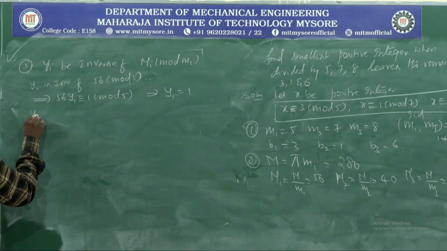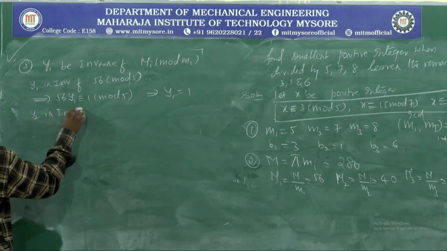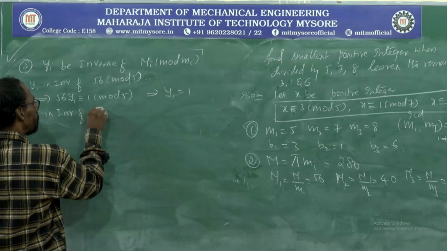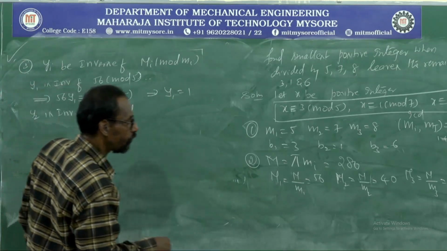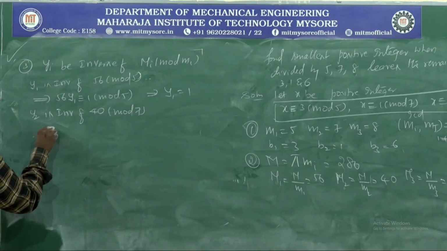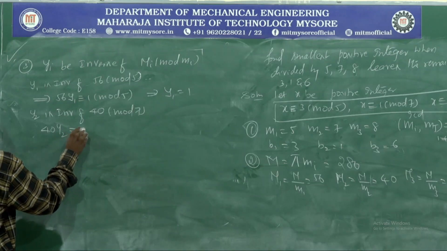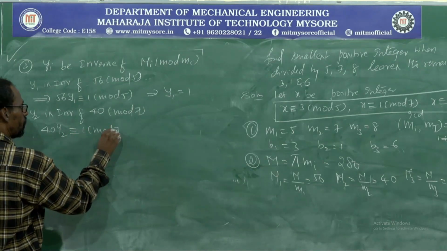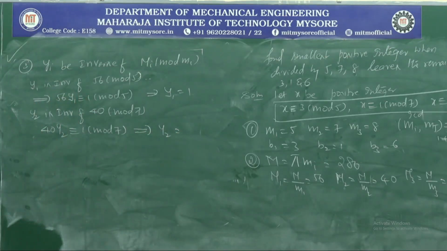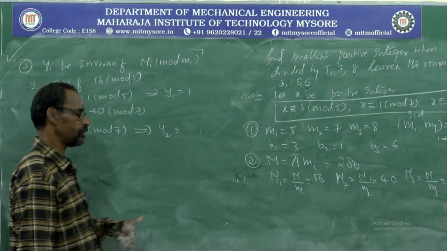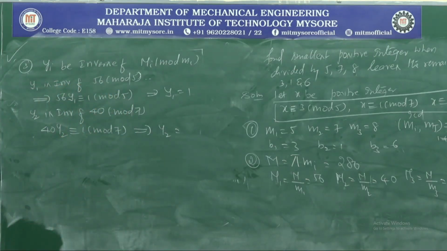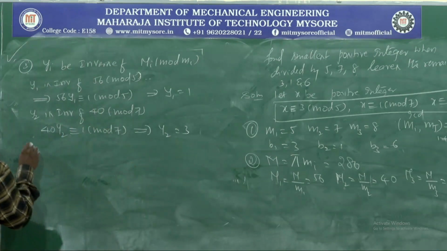Similarly, y2 is the inverse of capital M2, that is 40 under mod 7. That implies 40 y2 is congruent to 1 modulo 7. This implies, again same process, either you follow inspection or modeling or the extended Euclidean algorithm to get the value 3.